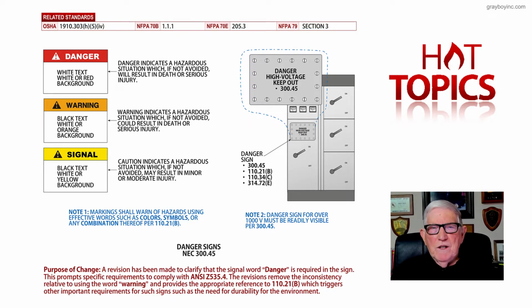The orange warning sign, warning indicates a hazardous situation which, if not avoided, could result in death or serious injury. The yellow caution sign indicates a hazardous situation which, if not avoided, may result in a minor or moderate injury.